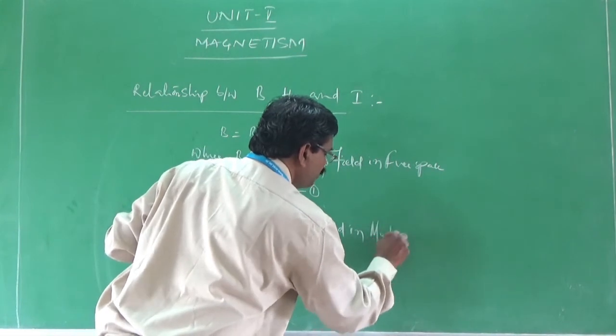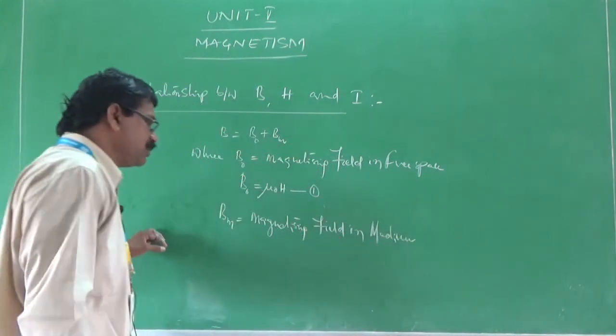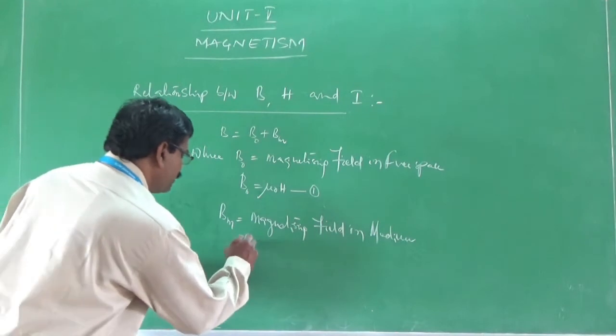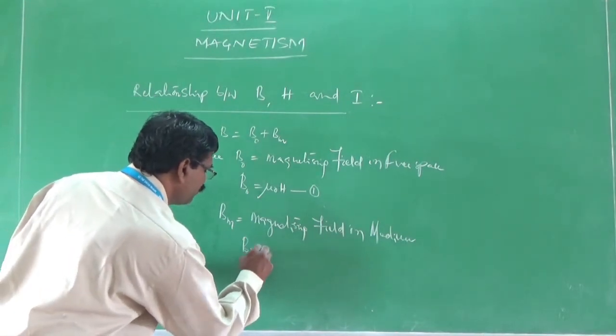I can represent with respect to intensity of magnetization that Bm is equal to mu naught I, equation 2.